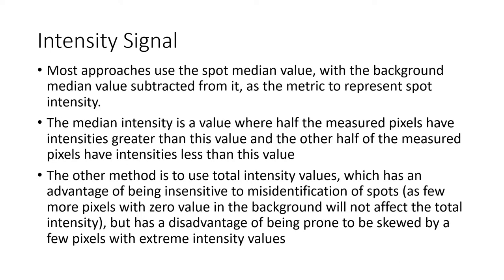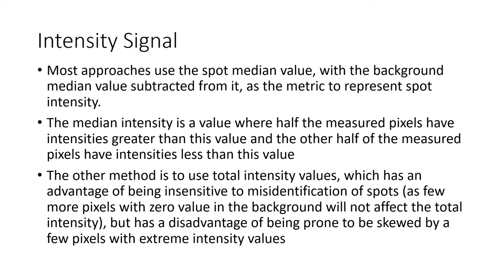The other method is to use the total intensity value, which has the advantage of being insensitive to misidentification of spots. A few more pixels with zero value in the background will not affect the total intensity.